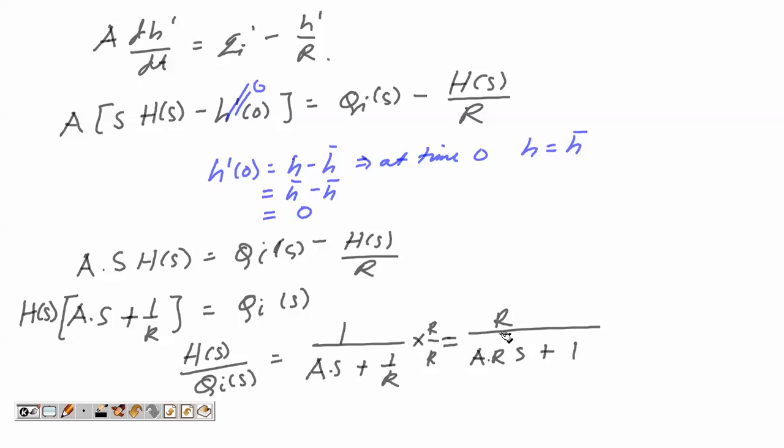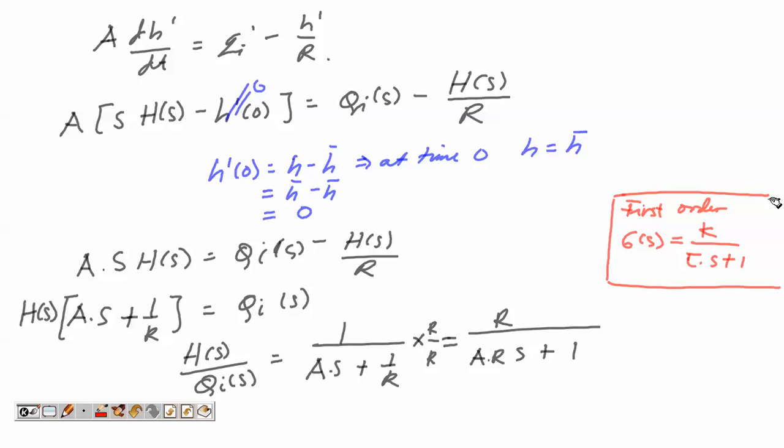Okay, so for the general form of a first order system, the transfer function G(s) is K over (tau s plus 1). So in our case, K is R and tau is AR for the level system.